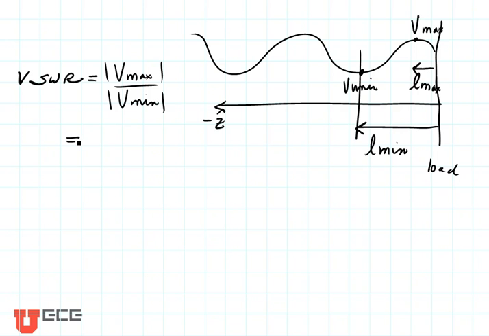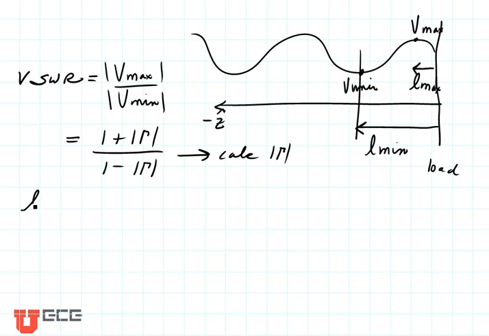It just so happens that the standing wave ratio is related to the reflection coefficient in this way. So this allows us to calculate the magnitude of the reflection coefficient. We also know Lmax, and Lmax is going to be related to the phase of the reflection coefficient. It's going to be the phase of the reflection coefficient plus 2nπ divided by 2β.